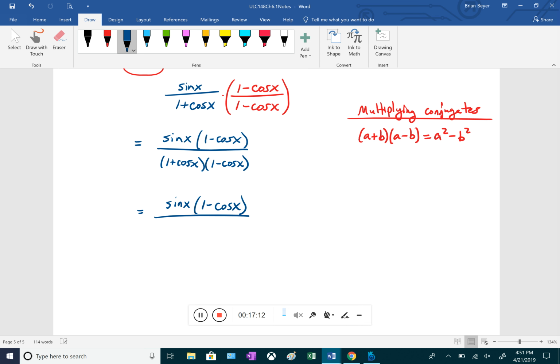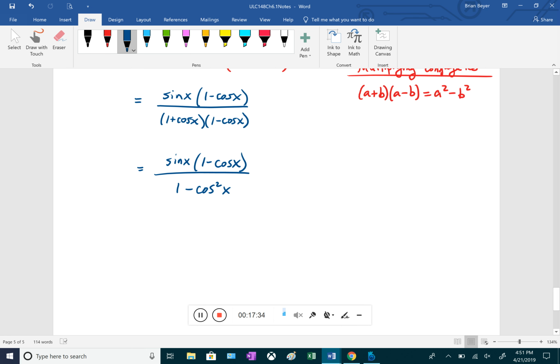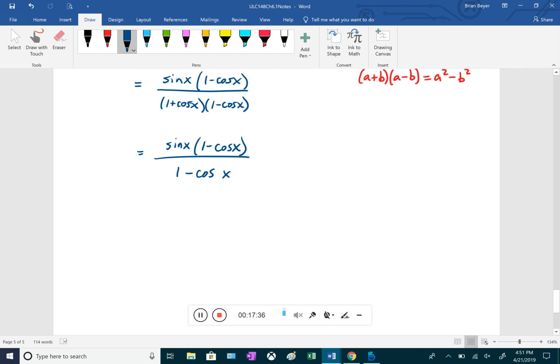What we end up getting is the first one squared, so it's 1 squared minus cosine squared. So a was 1, b was cosine, so 1 squared minus cosine squared is just 1 minus cosine squared. Okay, so that's the shortcut for that. If you did not know the shortcut, you would have to FOIL it. Okay, so that would work also.